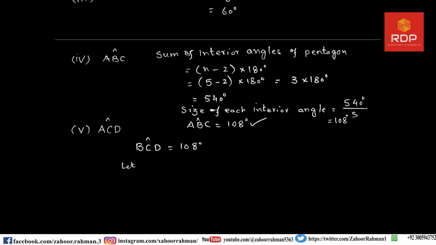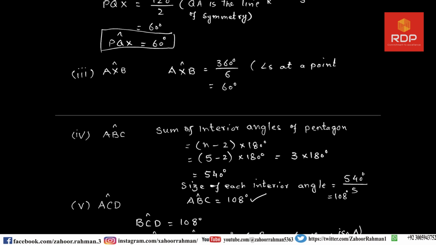Let BAC be equal to BCA, and let us assume that they are x degrees, because they are the base angles of an isosceles triangle.